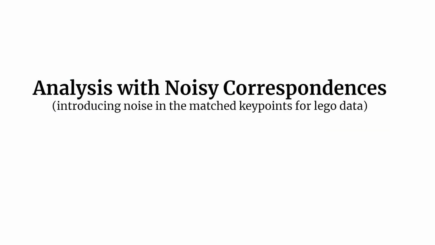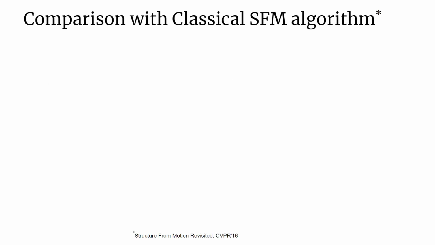We now analyze our pose robustification approach under a scenario where noise is added to the key point correspondences obtained for any scene. For this, we use a Lego dataset with ground truth poses available, and we use a classical SFM algorithm to estimate key point correspondences for this dataset, and then we add noise to those estimated key point correspondences.